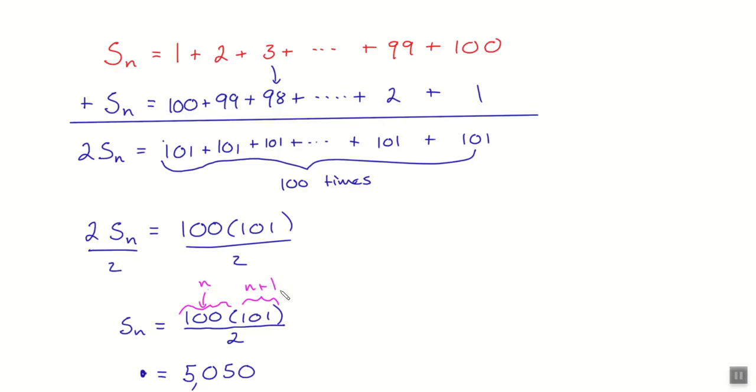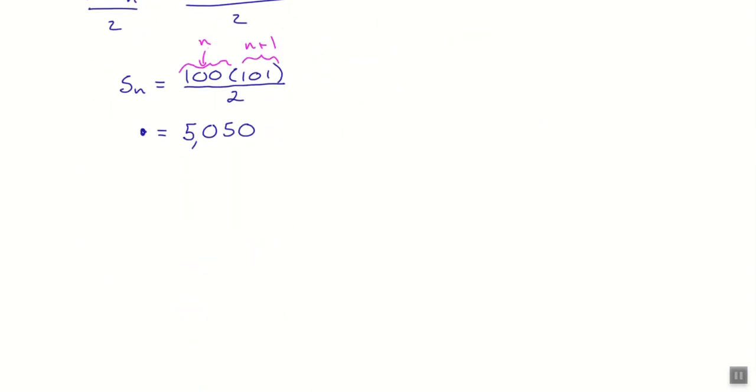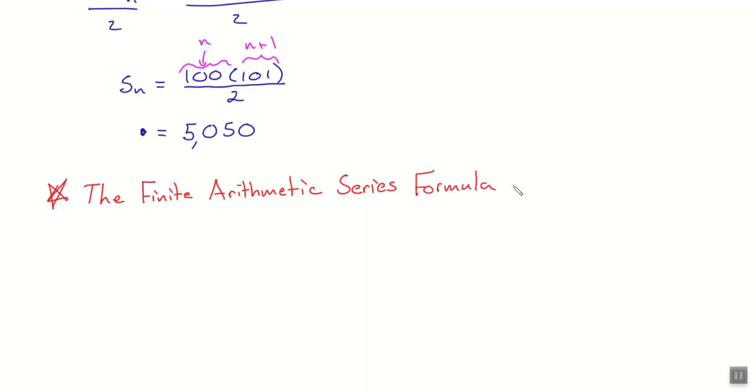So here we go. As we look at this, we are going to give ourselves a nice generalized rule. Super important last statement of our section. The finite series, or finite arithmetic series formula. Okay, this is an important one.